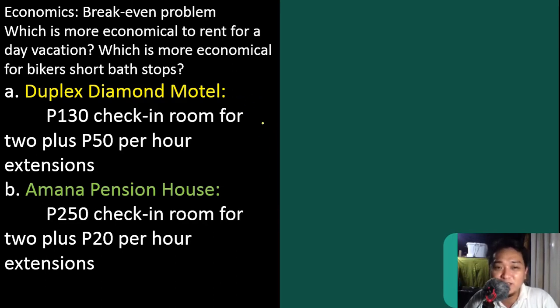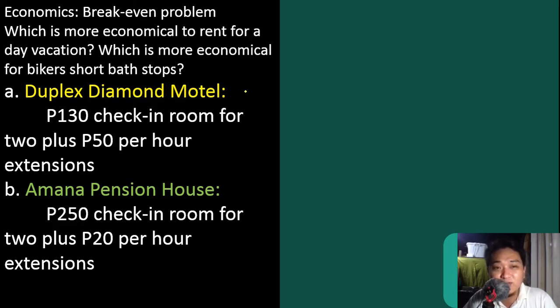Yung problem po natin tungkol sa kung sinong motel or pension house yung mas mura. Pero syempre, depende sa situation. We have two situations. Una, sino sa dalawang motel or pension house yung mura pagka ikaw ay magbabakasyon? At pagka ikaw ay magbabakasyon, usually, tumatagal ka dun ng ilang hours or ilang days, di po ba?